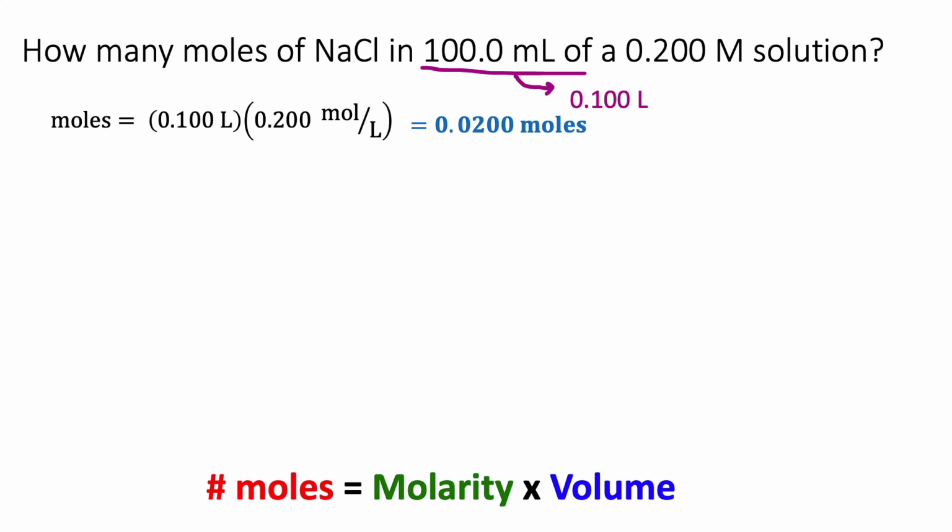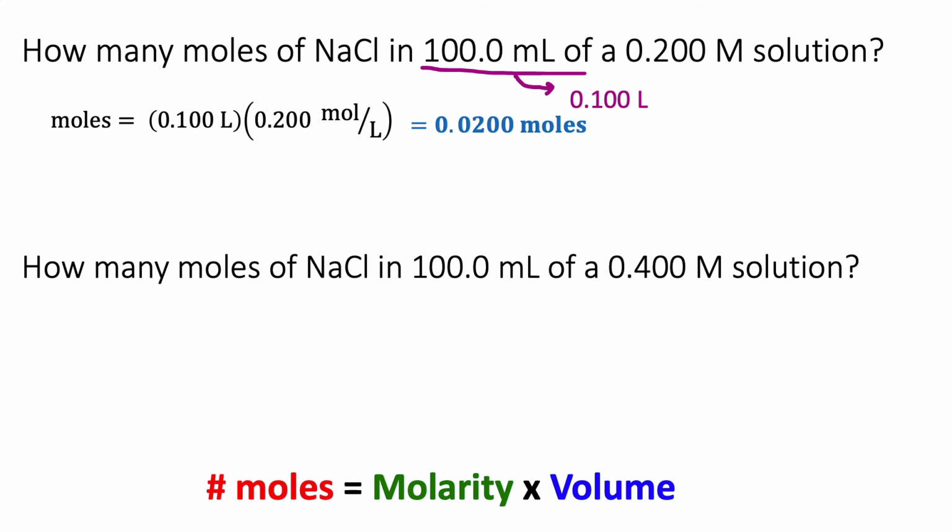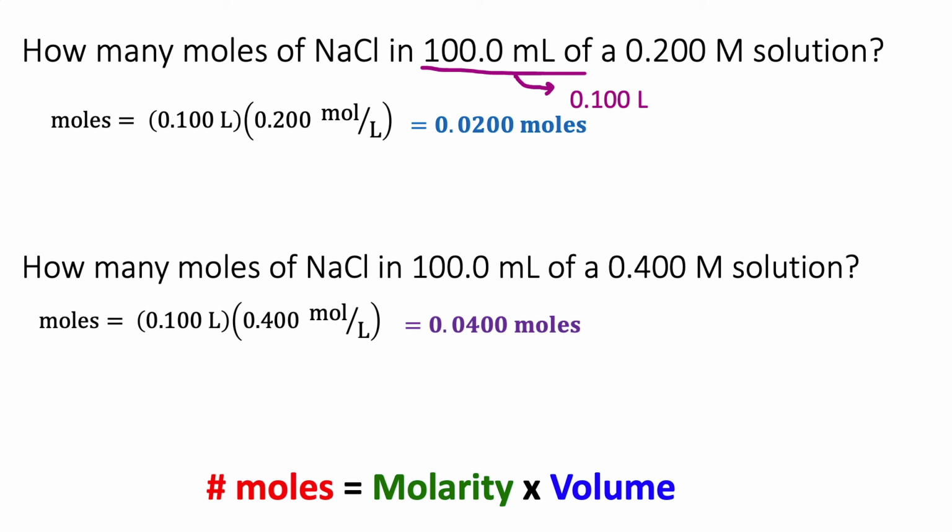Let's go back. I put the first problem back up on this slide, but now what I want you to look at is how many moles of sodium chloride are in 100 milliliters of a 0.4 molar solution. So once again, we're going to multiply the number of liters times our molarity, and we get 0.04 moles.